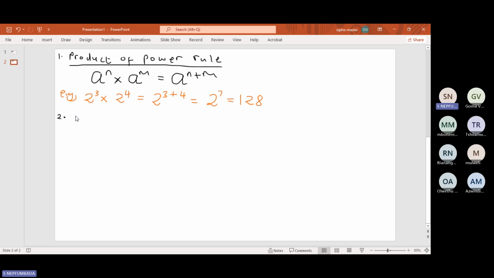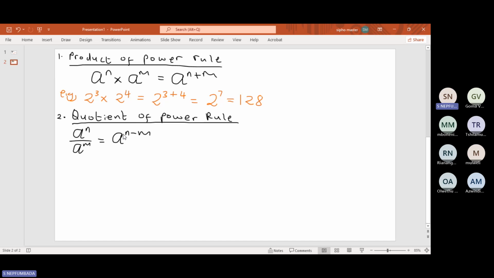On number 2, we have the quotient of power rule. On the quotient of power rule, when we have a to the power n divided by a to the power m, this is going to be equal to a to the power of n minus m.